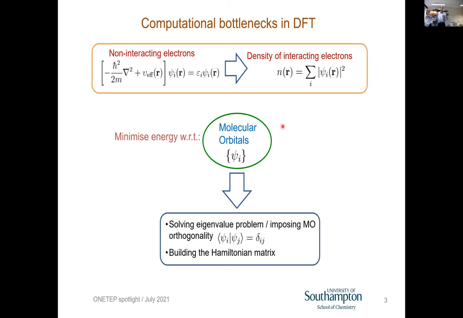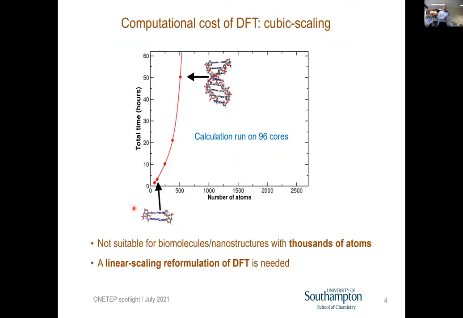And it has steps such as the diagonalization or the building of the Hamiltonian matrix or the orthogonalization, which are by construction steps which increase with the third power in the number of elements in these matrices, which is proportional to the number of atoms. So computationally, conventional DFT scales like this. It has this cubic scaling with the number of atoms.